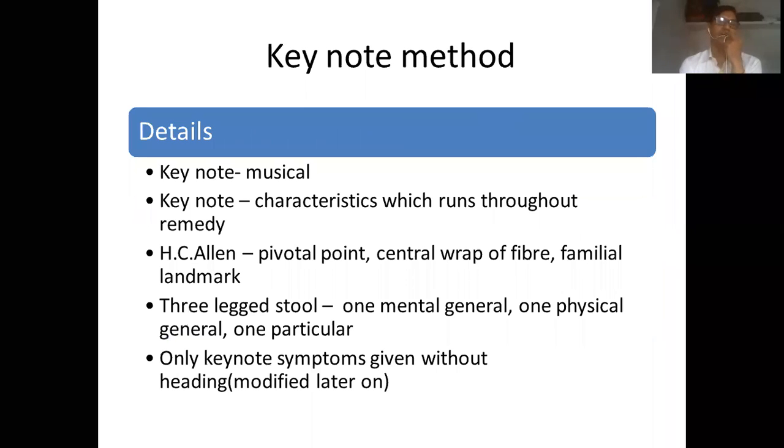To learn the keynote method, we first have to understand the meaning of keynote. This word is taken from the musical field. We are all fans of Bollywood songs, and it is said that Indian people are so habituated to music.